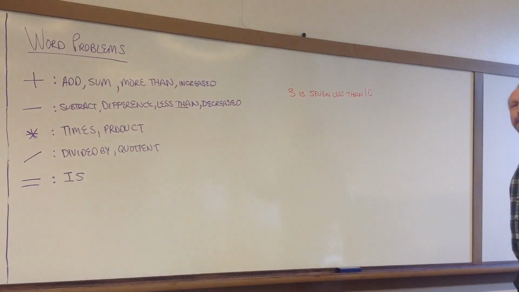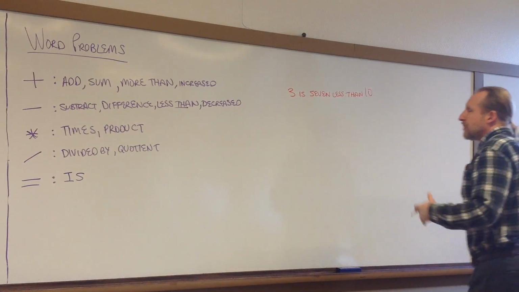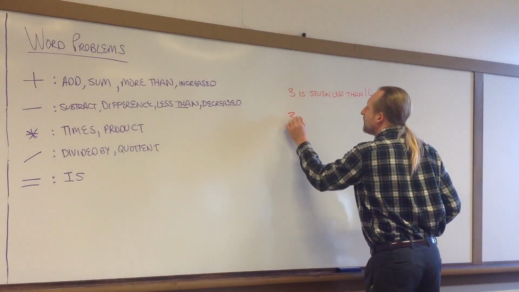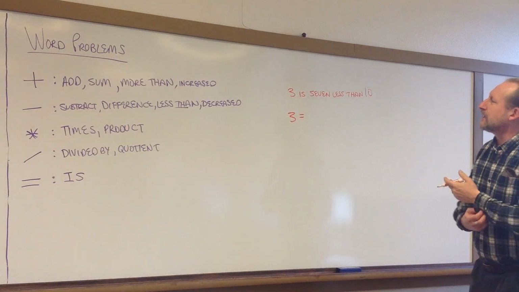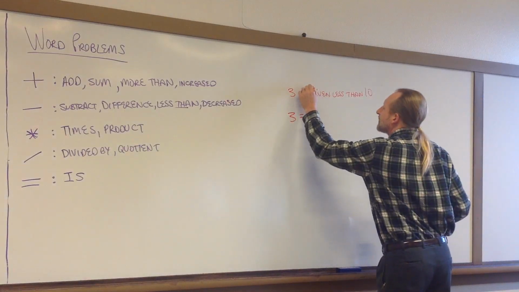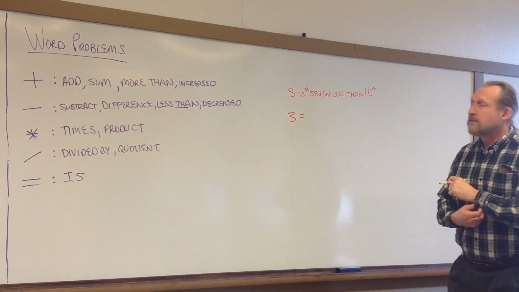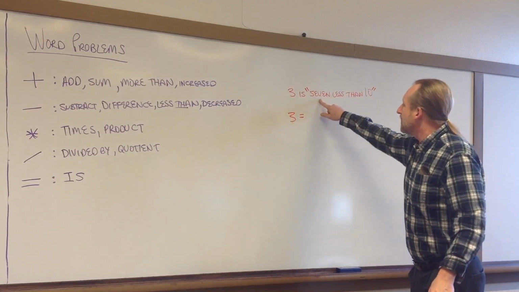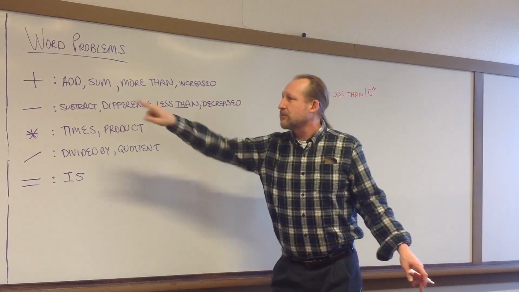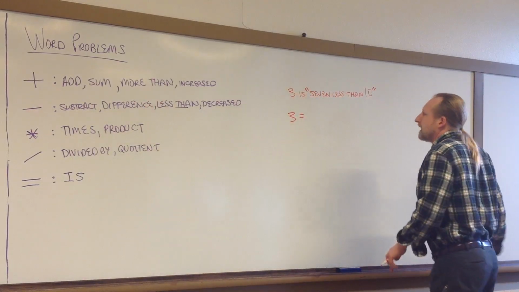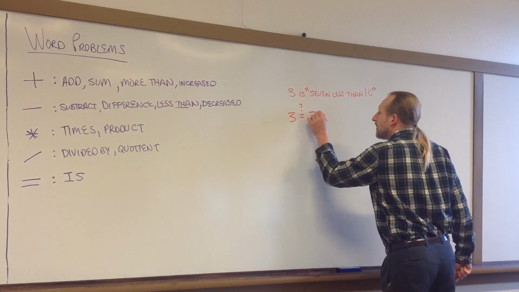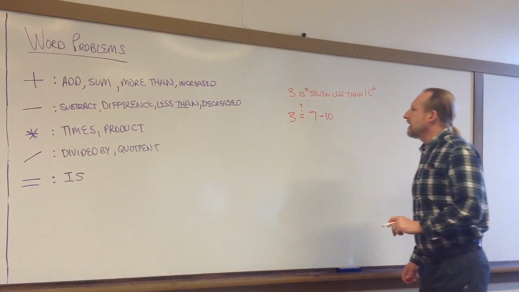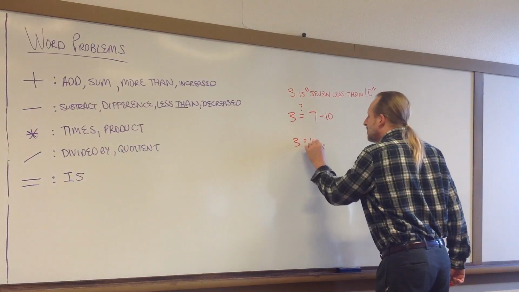Now, if we wanted to write this mathematically, 7 less than 10. So 3 is, I'm getting into the equations already, but in any event, this phrase "7 less than 10," now, if you just translate it directly, you'll have a 7. You'll say, oh, less than, that means subtraction, and then 10. Is that correct, though? Is 3 equal to 7 minus 10? No, it's not. Okay? 3 is equal to 10 minus 7.